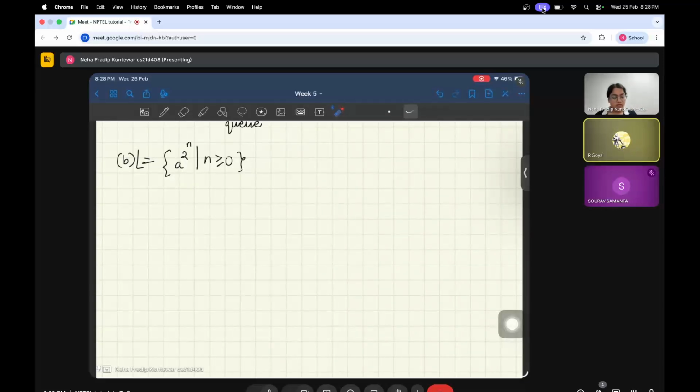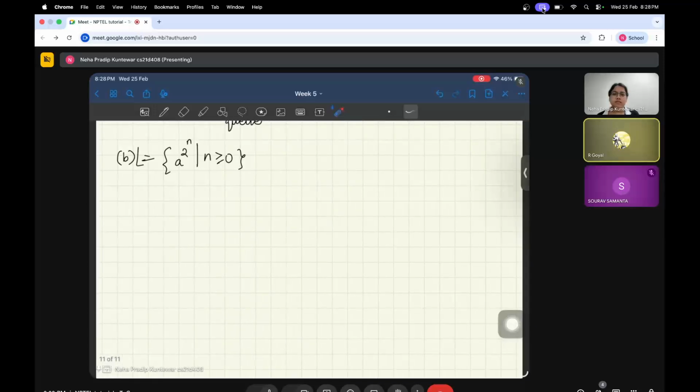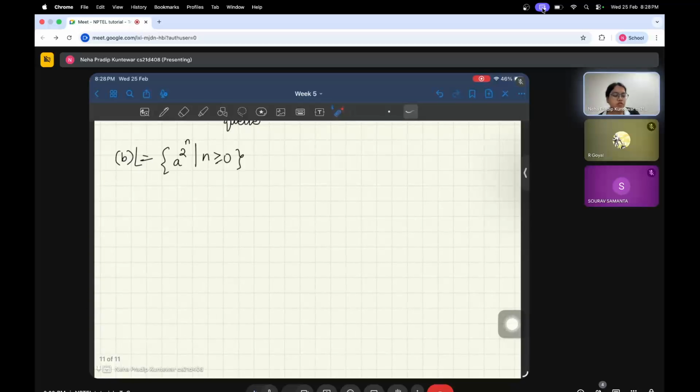So this queue system, this modified PDA, would be able to recognize this language. When I read a, I push it, and when I read one more a, I pop it. But then what you are doing is accepting this language.